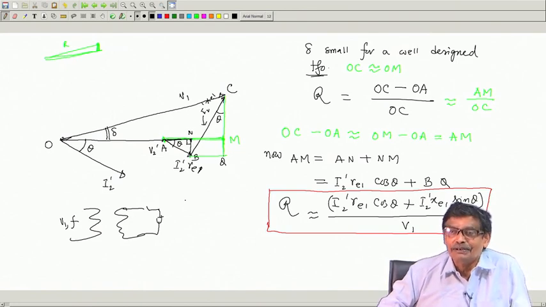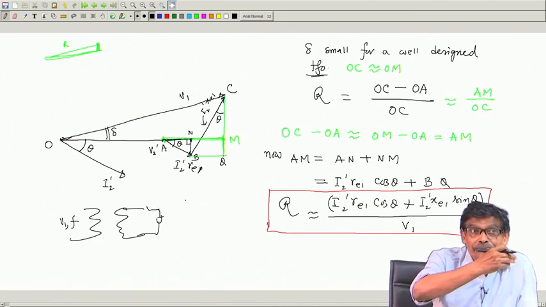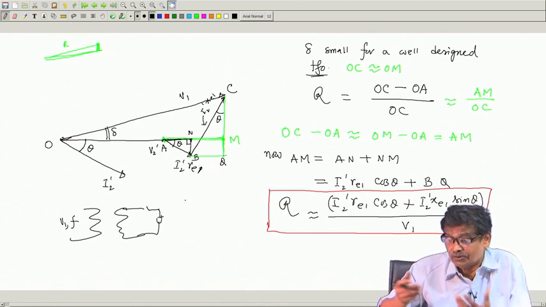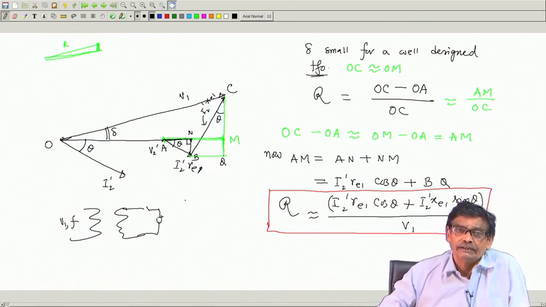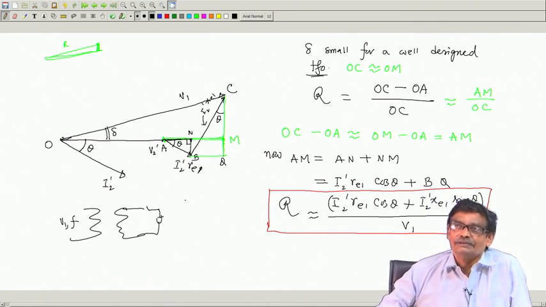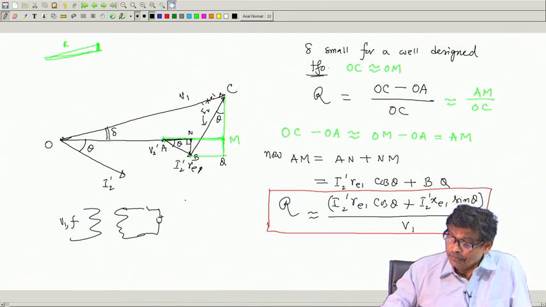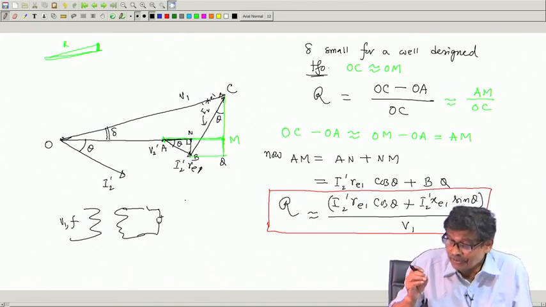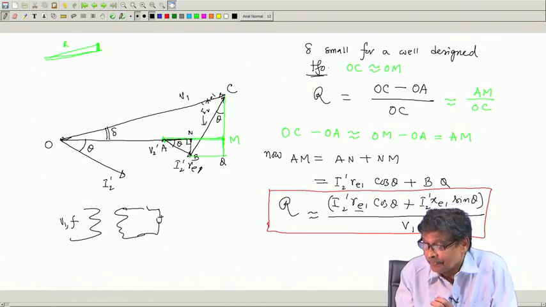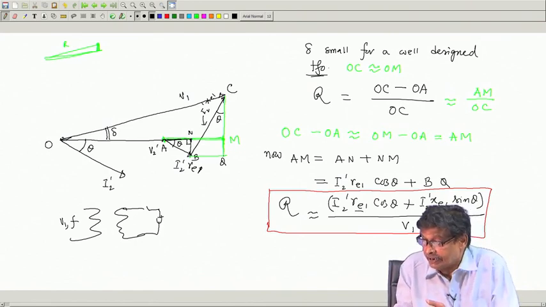That is not available. For example, a distribution transformer which is 200 kVA caters power to various consumers, totaling 200 kVA. Can you imagine that load in your lab? No. Therefore, you do a simple test, open circuit and short circuit test, get these values, and on pen and paper you calculate this.